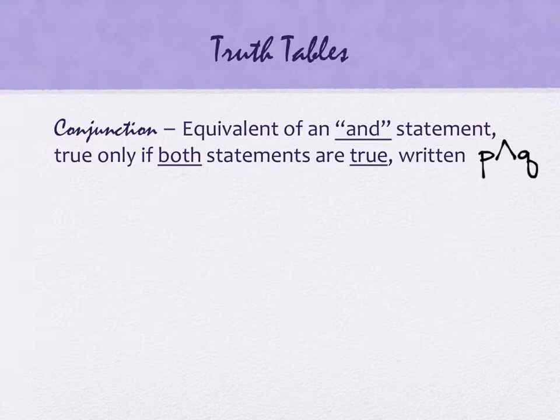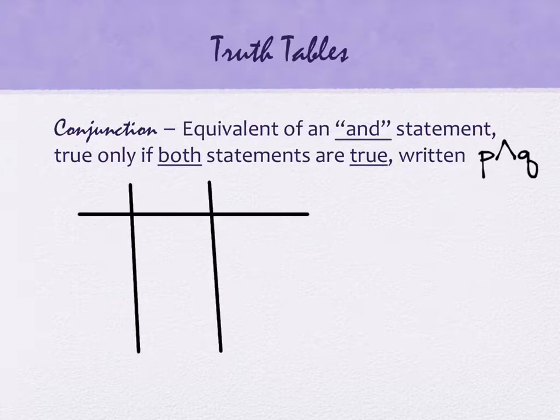And what we're going to do next is we're going to create the truth table that goes along with this statement. So you're going to create a 3-column truth table. One column is statement P, one column is statement Q, and one column is statement P and Q. And what we want is to represent all possible true and false combinations of the two statements.